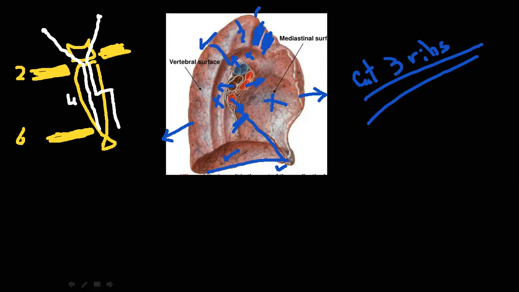This is regarding the anterior border of the lung. The inferior border of the lung, which runs like that here, crosses 3 ribs: rib number 6, then 8, then 10. Please don't forget the inferior border of both lungs is at the level of 6 and 8 and 10.